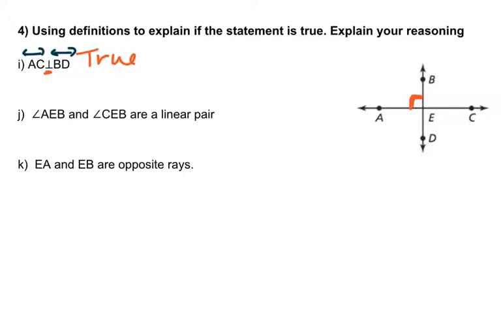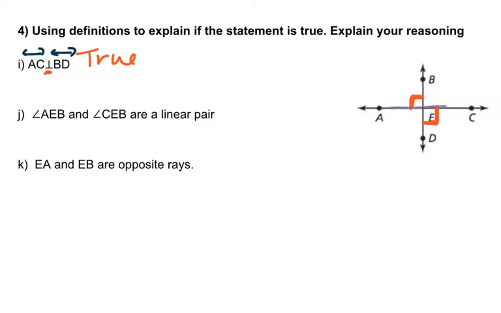So let's talk about this. Let's see if all of these angles are 90 degrees. First, vertical angles. The vertical angle to that one would be this one right here, and vertical angles are equal. If two lines intersect, the angles across from each other are vertical angles, so those both have to be 90.